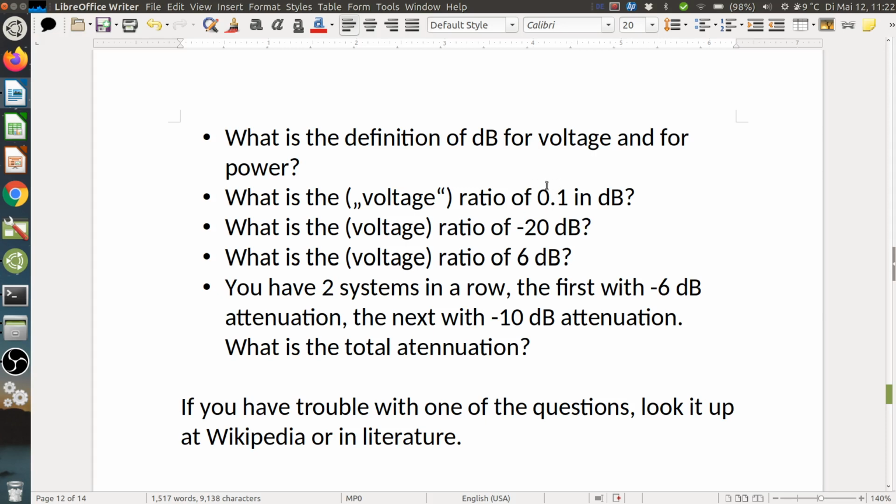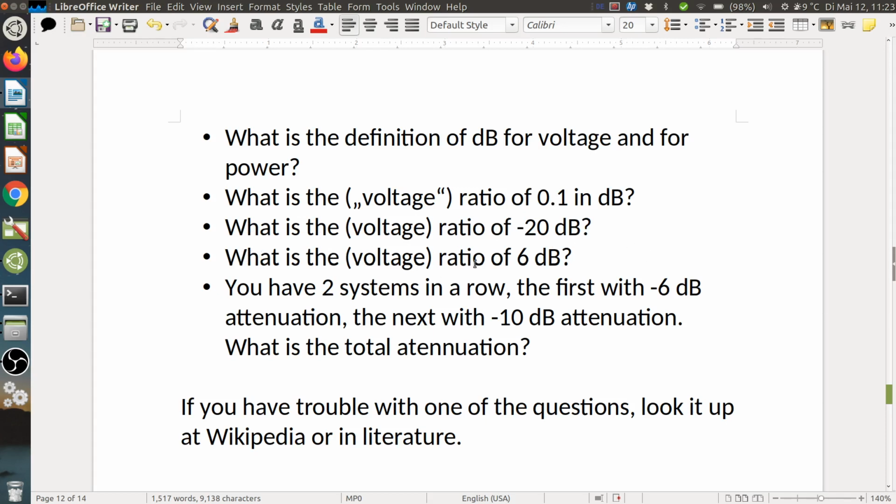So 0.1, this ratio, say the output is 0.1 volt, the input of your system is 1 volt, then this ratio would be 0.1. So then you can say that this is -20 dB. Yeah, this is basically the answer to the next question. What's the voltage ratio of -20 dB? It's 0.1.